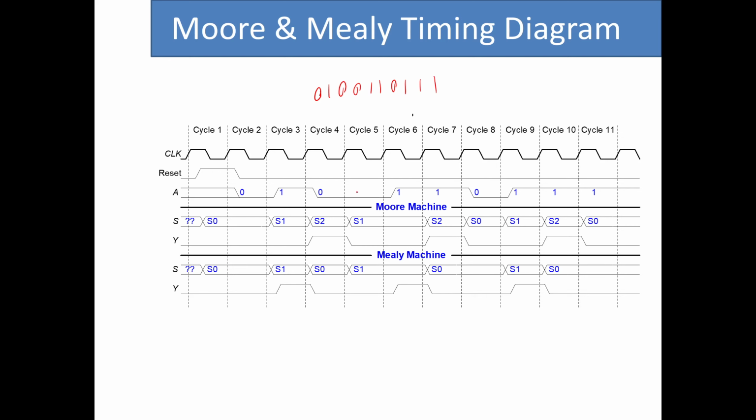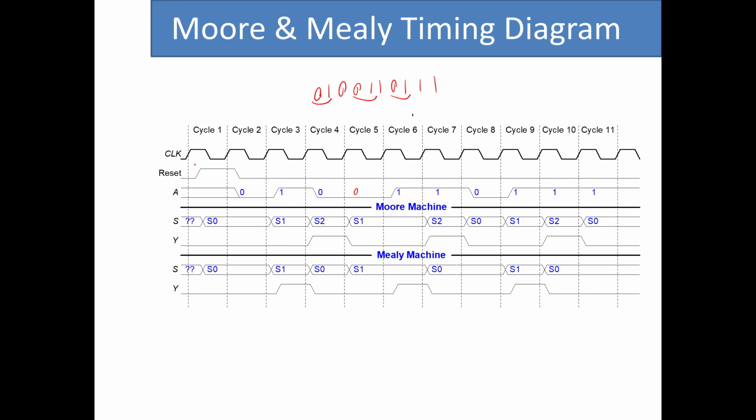I think here we need to have another 0. So this is the pattern that we have as the input, and as you can see, we have 3 cases of 0 followed by 1 happening in this sequence.